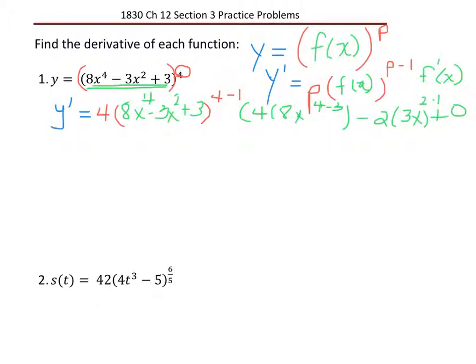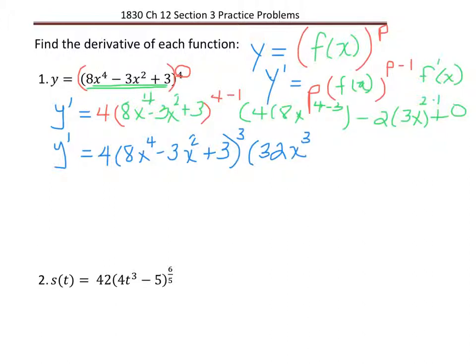And so then that tells us that y prime, since we do need to do a little simplification here, is going to be 4 times 8x to the 4th minus 3x squared plus 3 raised to the third power times the quantity 4 times 8 is 32, x to the third, minus 2 times 3 is 6, x to the 2 minus 1 is x to the first, plus 0, which we don't need to write down.